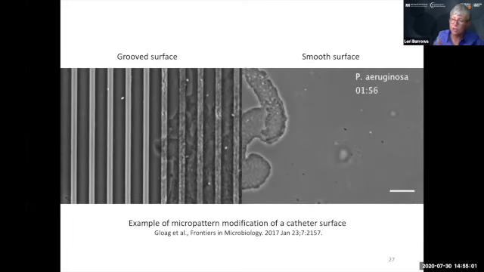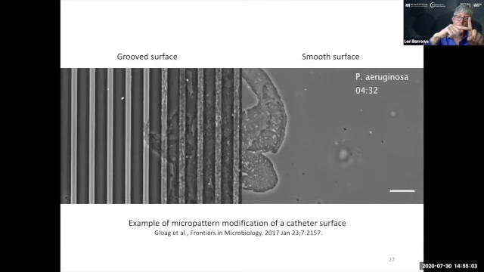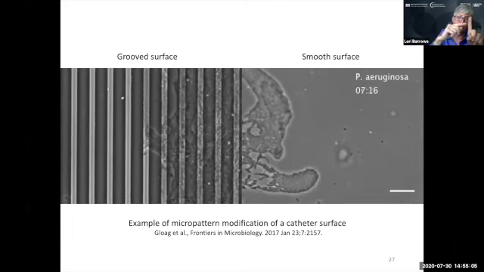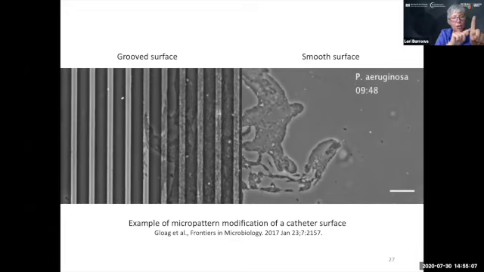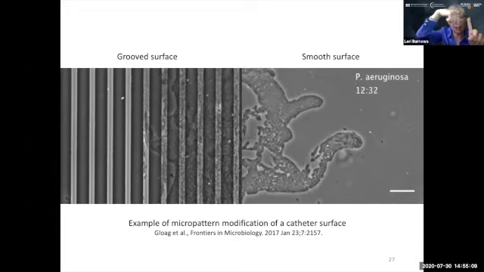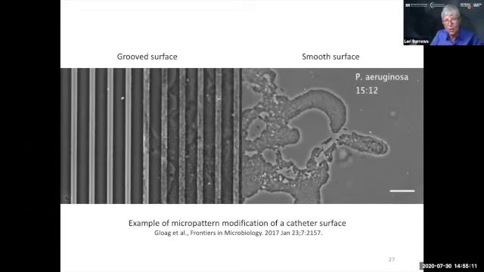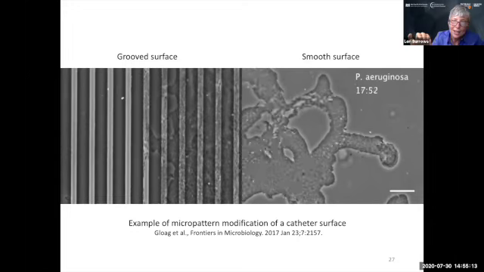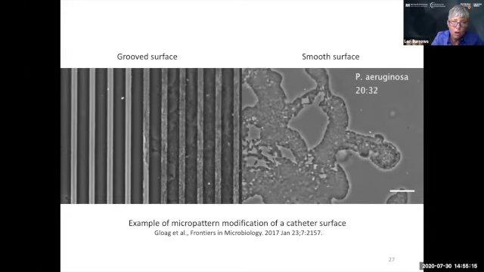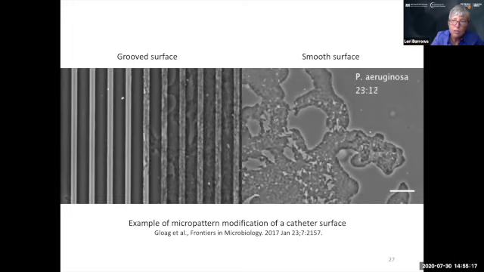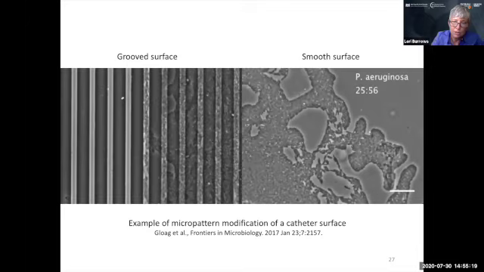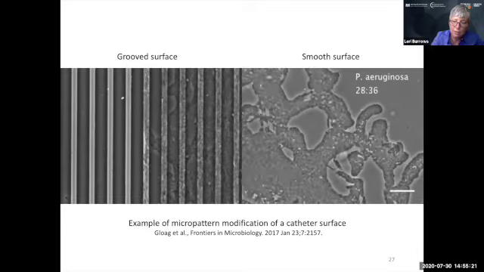So you can imagine if you have a catheter and you have these grooves going around the catheter, instead of spreading up, the bacteria will start to spread and then they'll just go around in circles and follow these grooves. So this is a really cool concept for a drug-free way to reduce bacterial adhesion to a surface, or to at least slow down biofilm formation.